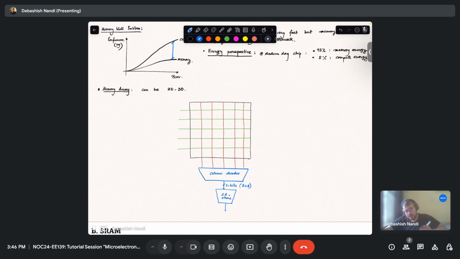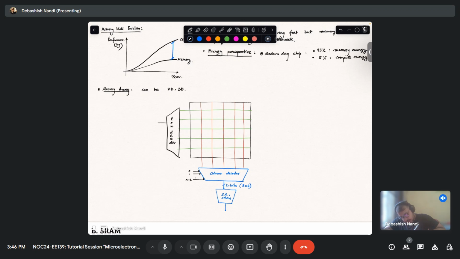Okay, and in this case, these are the input lines 0, 1, let's say n minus 1. This we call the row decoder, okay.